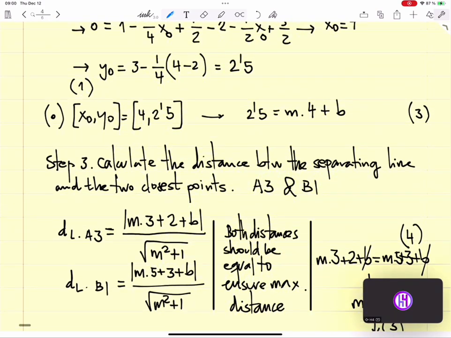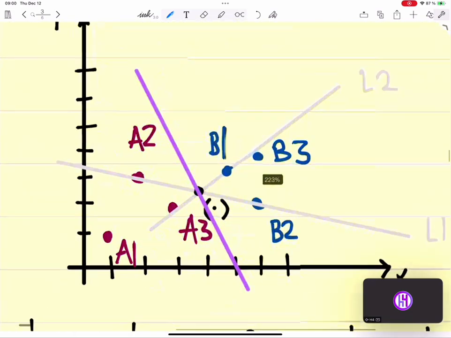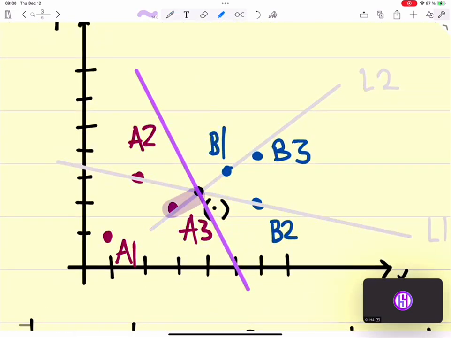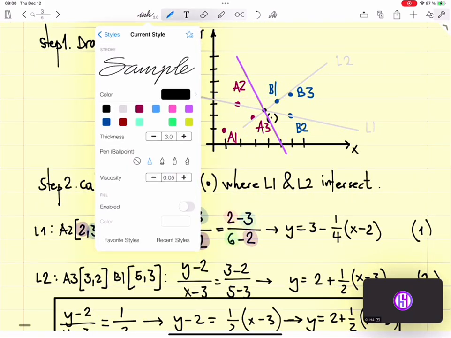what we did is we said, okay, the distance between the 2 points A3 and B1 needs to be the same to the line, okay? So we're looking for the equation of this line.